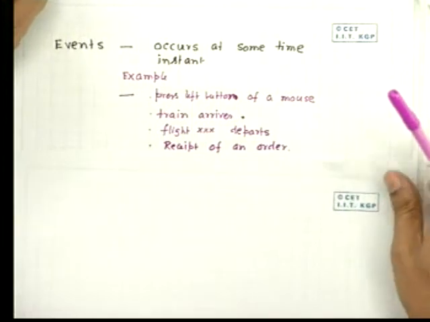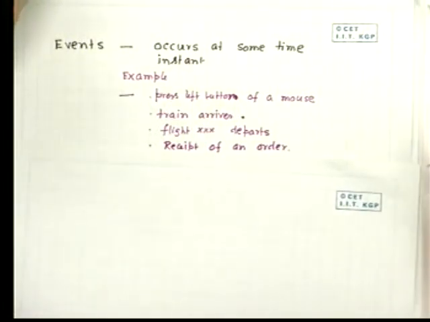Other examples would be the receipt of an order, or a student or patient arriving in a hospital for treatment. The arrival is an event which again occurs at some time instant. Another thing we have to note is that events may be concurrent, meaning that more than one event may occur at the same time instant.